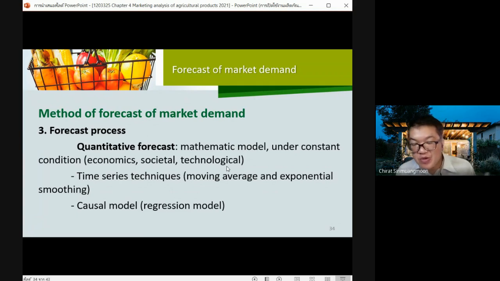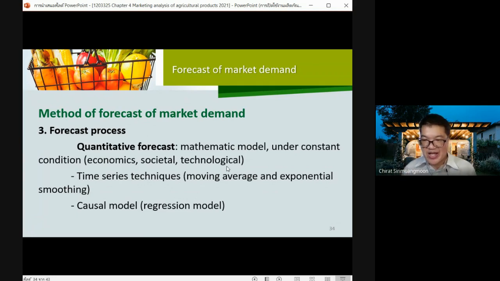So moving average is going to be used for agricultural products that do not change very fast. It's used when you average everything within the year, within a length of time, then forecast it. But exponential smoothing is used for agricultural products that have very high or very changing demand.